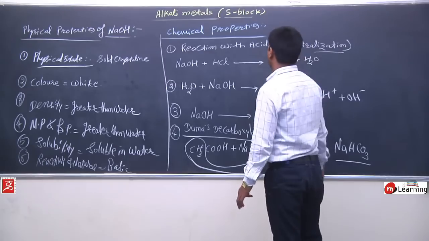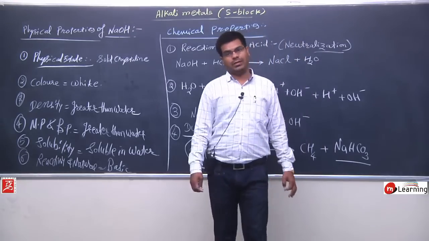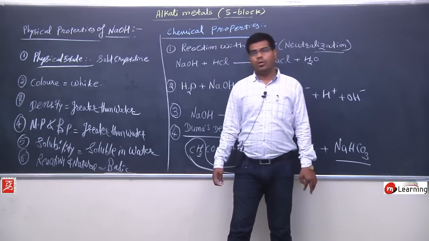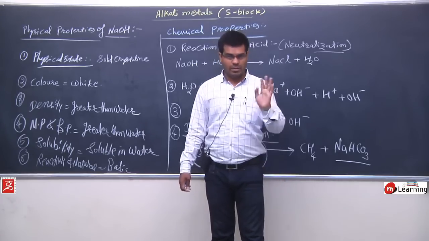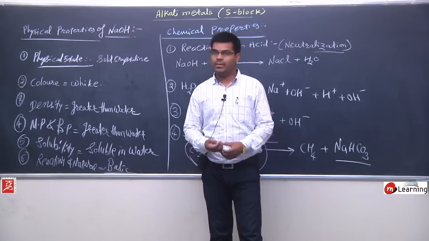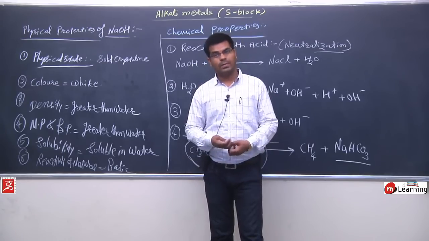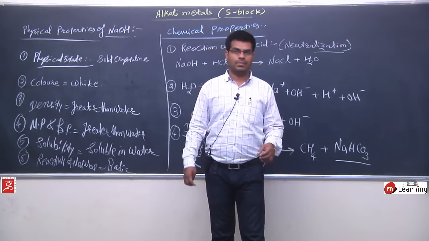And the last topic is uses of sodium hydroxide. Sodium hydroxide is used, number one, in the preparation of paper, in the preparation of soap, in the preparation of many compounds.